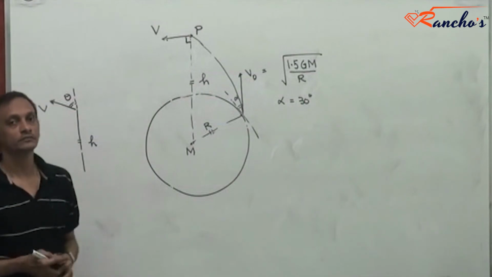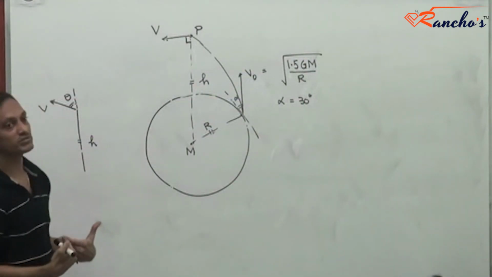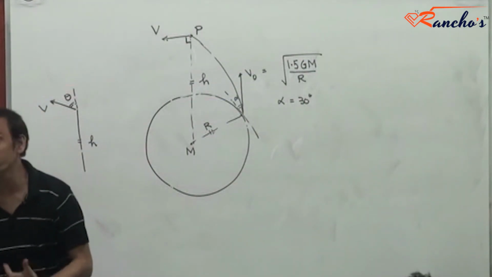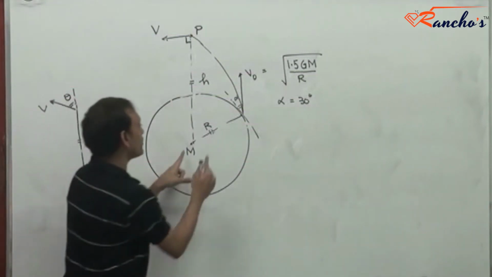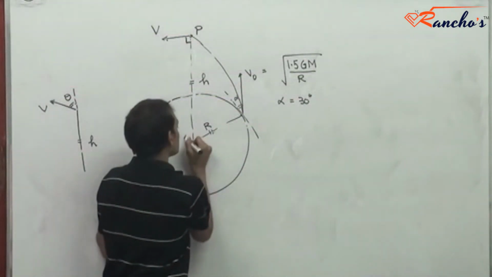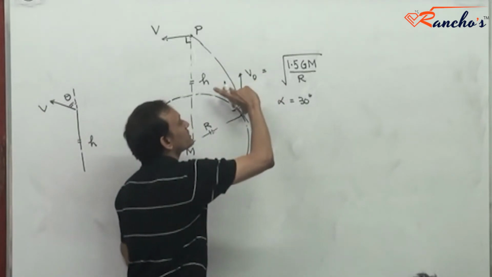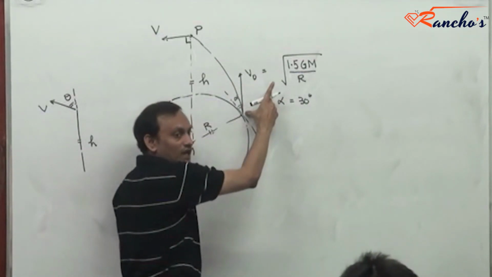And again, as we've done before, we can conserve the total angular momentum about the center of the Earth. The angular momentum about the center of the Earth, O in this case: V0 could be resolved as V0 cos alpha and V0 sin alpha.